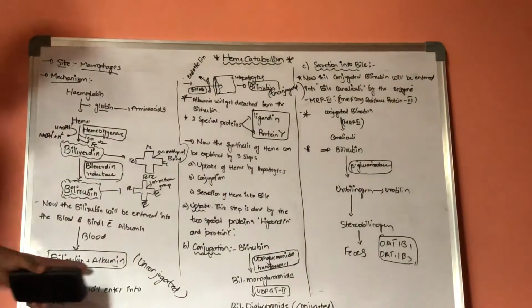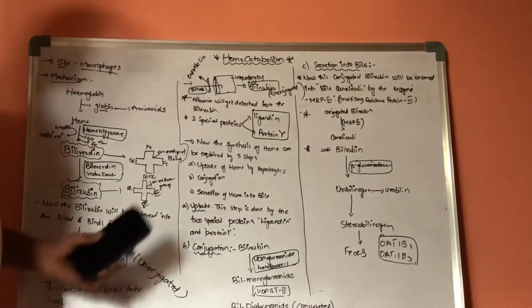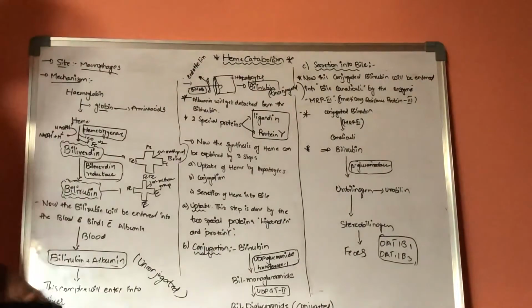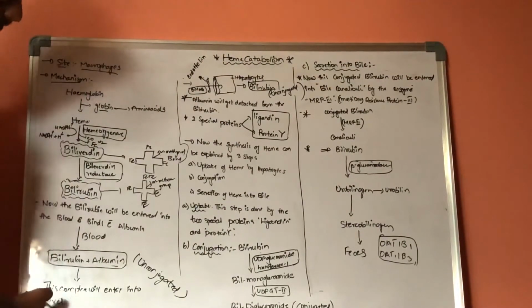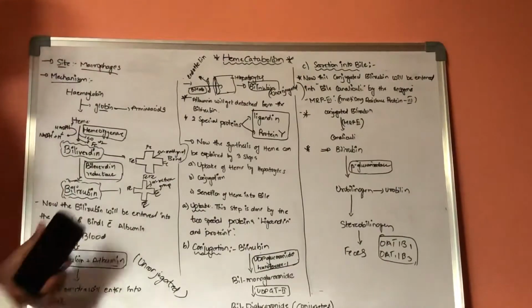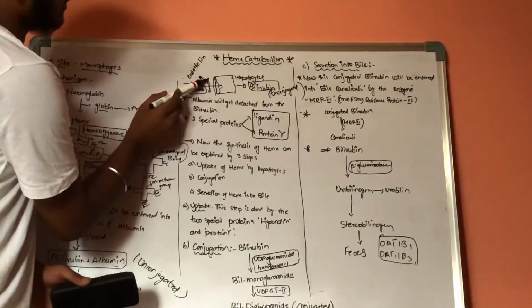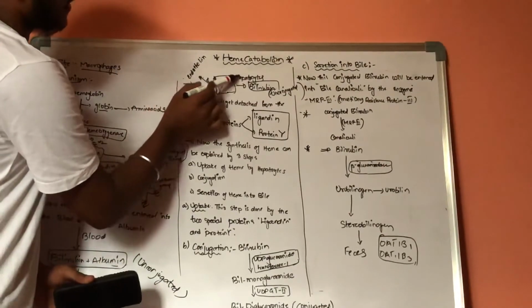Now the bilirubin albumin complex will enter the hepatocytes, that is, it will enter the liver. If we consider the structure, this is the endothelium of the hepatocytes and this is the hepatocyte structure.